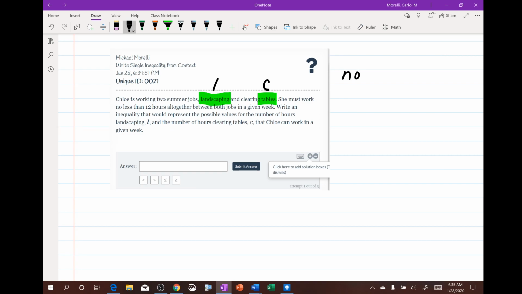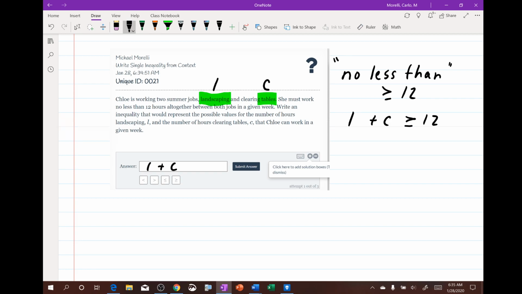Now this phrase, no less than, needs to be translated into math as greater than or equal to. So it's no less than 12, so greater than or equal to 12. We just say L plus C greater than or equal to 12. That's what's going to go right here.